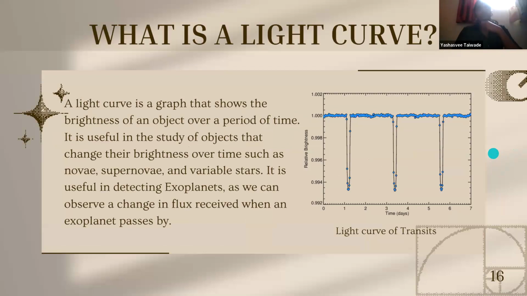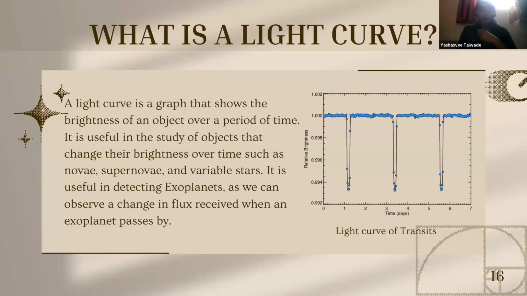Now, what is a light curve? A light curve, as you can see here, is just a graph which shows the brightness of an object over a period of time. It is basically just a brightness versus time graph. It is not used just for exoplanet detection, it has a lot of applications.